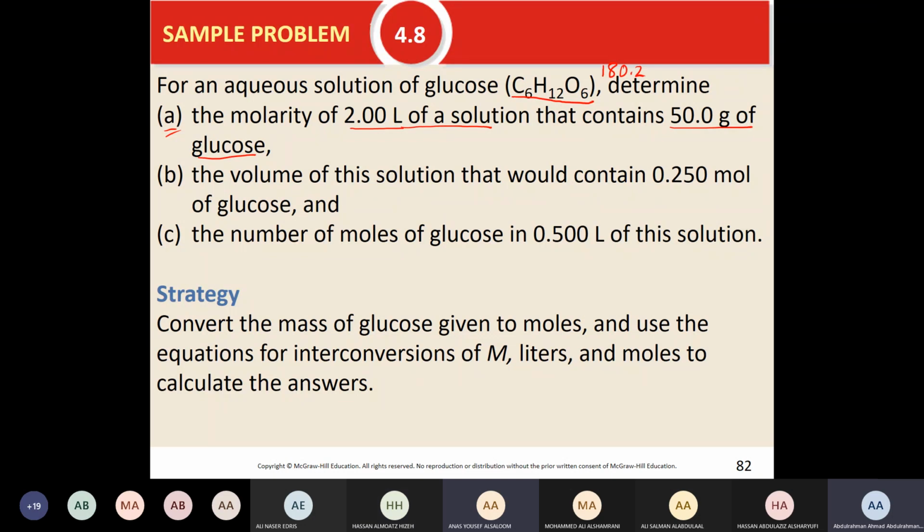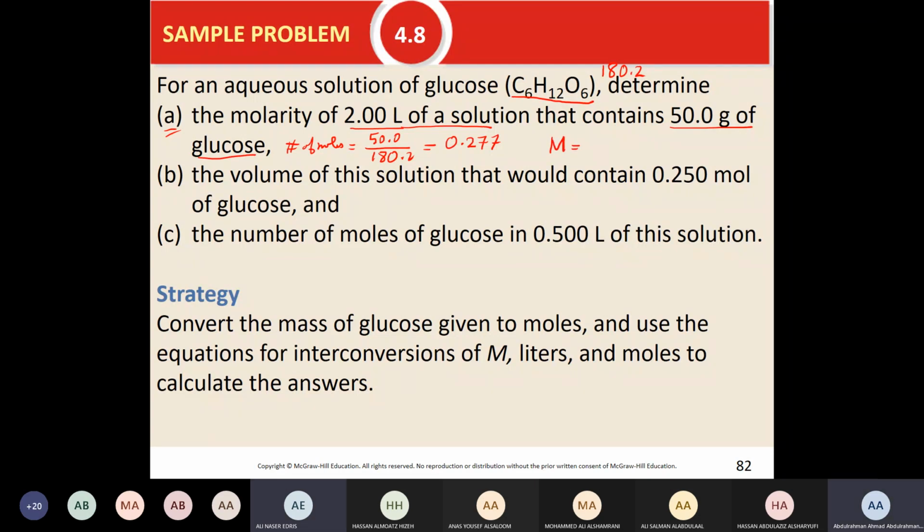Number of moles equal to what? Mass in gram over molar mass. Exactly. Give me answer. 0.277. Good.